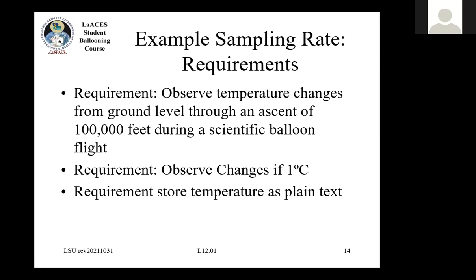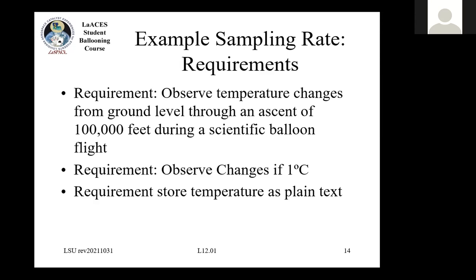So let's say, all right, we're trying to observe temperature during a balloon flight. And for whatever reason, I only care that my temperature is accurate to a single degree. So my science requirement would be, I want to observe temperatures from ground level all the way up to 100,000 feet.